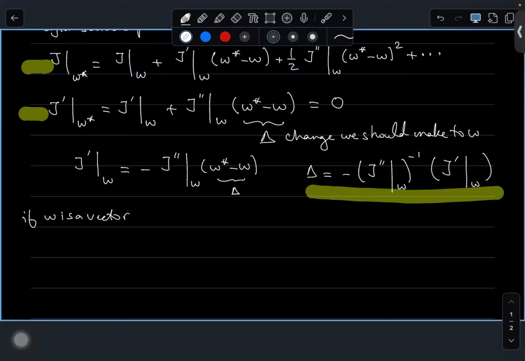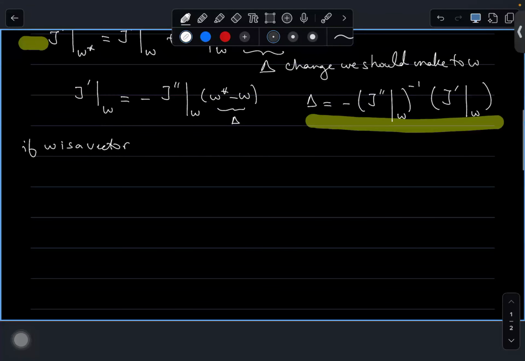All right. So what happens if W is a vector? Now these derivatives are going to become more complicated, but basically the story is the same. So let's write the Taylor series expansion for the case where W is a vector. The cost function J is still a scalar, but now W becomes a vector.